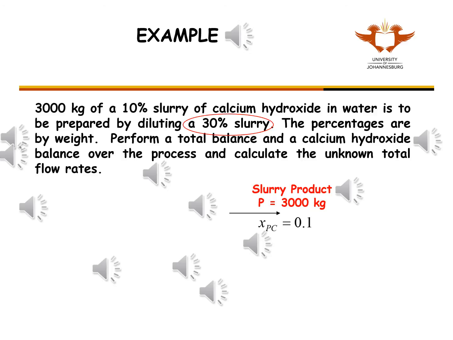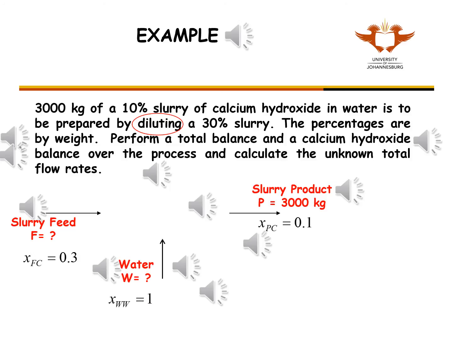The flow rate of this is not known. The two streams should be blended, to give a uniform product, hence the process is mixing.